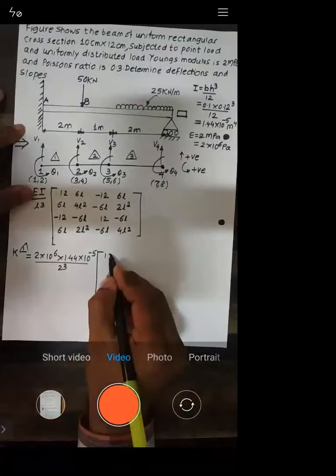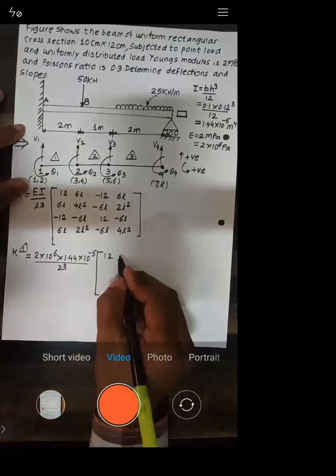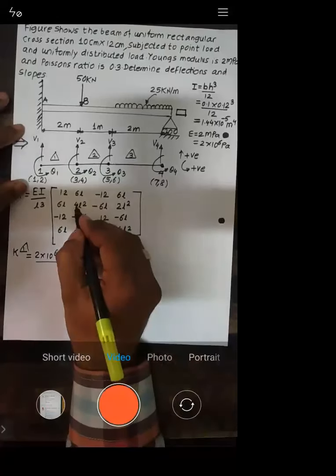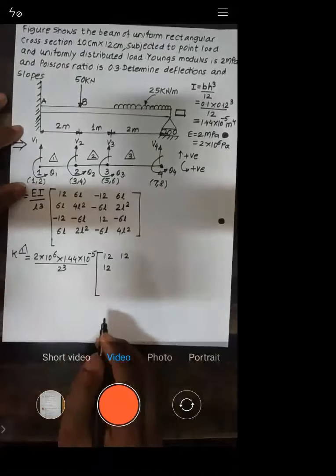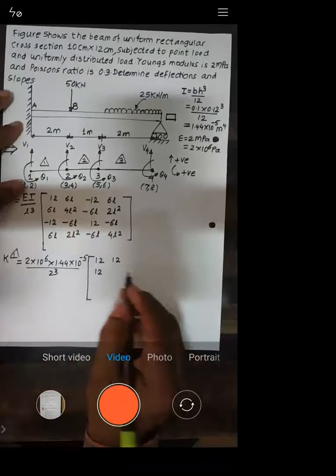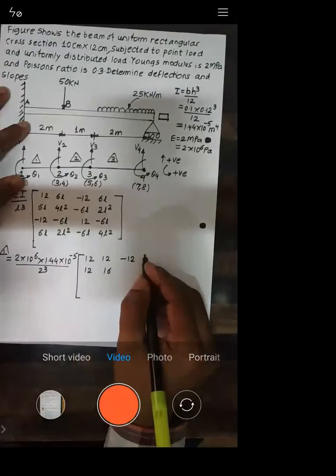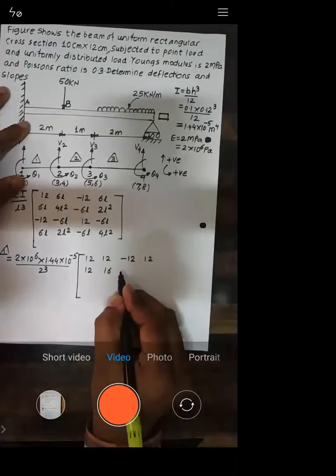12. Now 6 into 2 is 12 again, right? 6 into 2 is 12. And this 4 into 2 square: 2 square is 4, 4 into 4 is 16, right? This is 16. Next here, minus 12, then you have 12, then you will have minus 12.